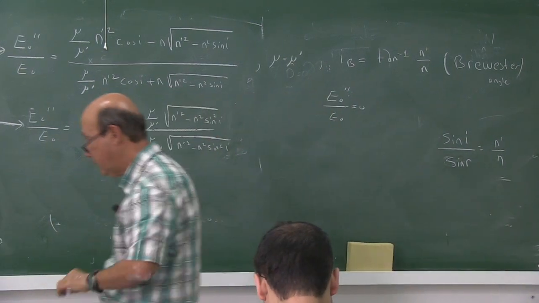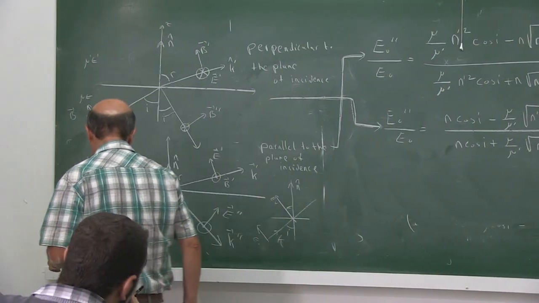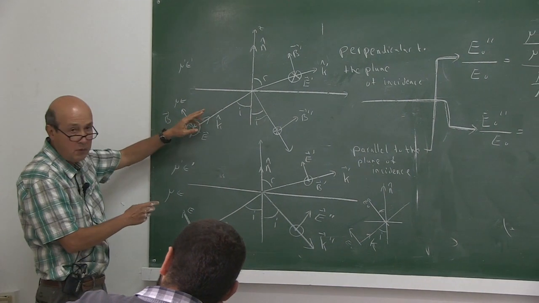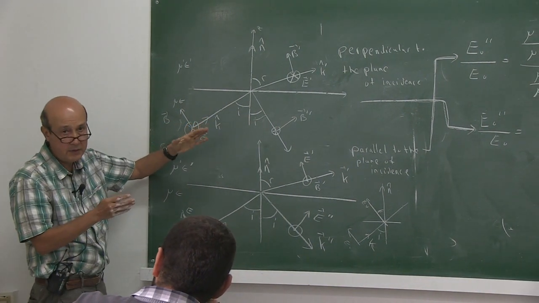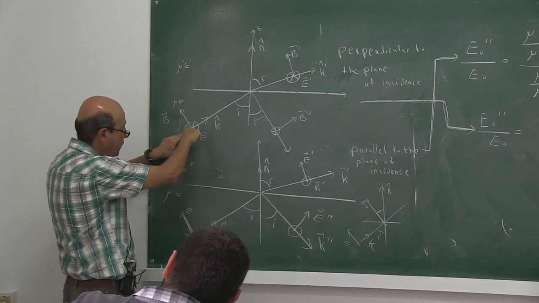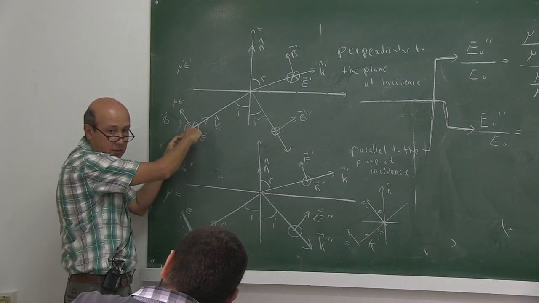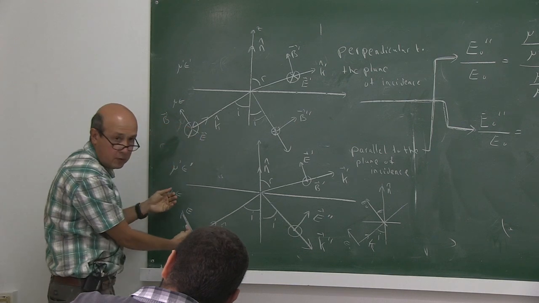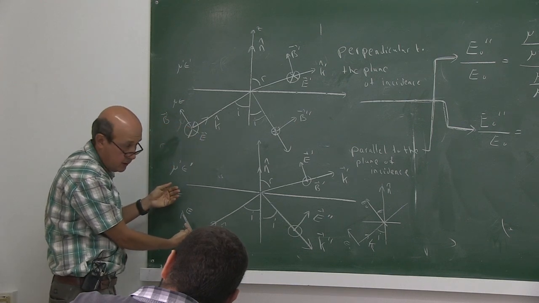So the meaning of this is the following. If you have an unpolarized wave, you have two particular modes: a perpendicular component to the plane of incidence and a parallel component to the plane of incidence.